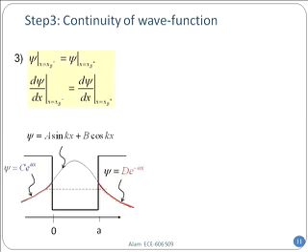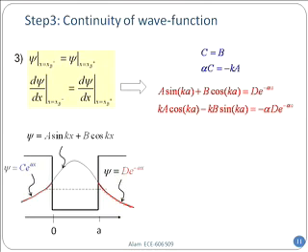Can we do that? So let's first look at the top blue regions, the 2 blue equations, and we'll talk about the red in a second. Look at x equals 0. If the wave function has to be continuous, then you can see that x will be equal to 0.